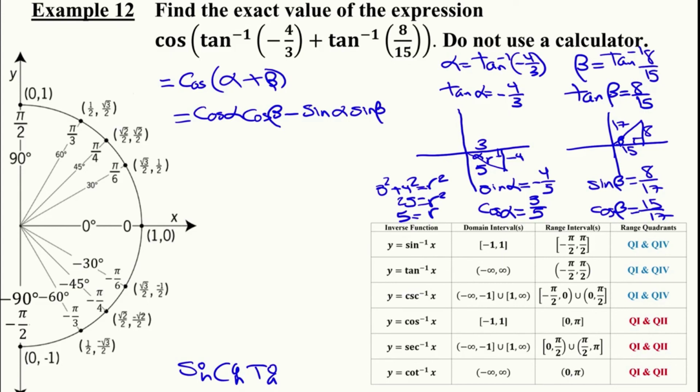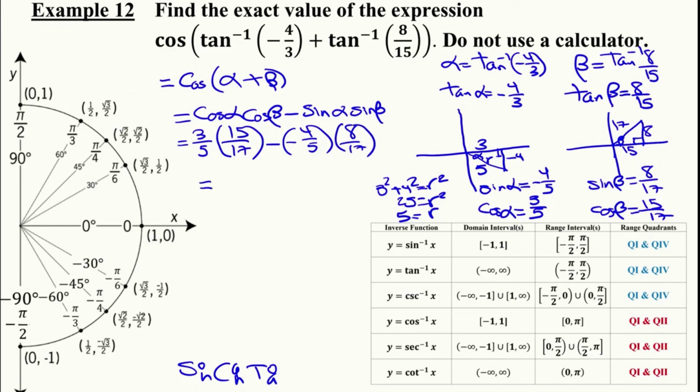So now we just plug in cosine of alpha right here, 3/5 times cosine of beta, 15/17, minus sine of alpha, (-4/5) times sine of beta, 8/17.